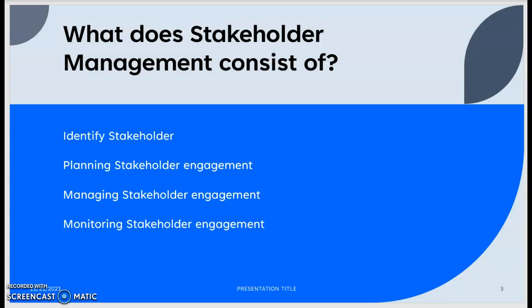Now, usually you come together as a team to score the stakeholders, right? So let's just say that a stakeholder got a 7 for interest and an 8 for power. You're going to want to manage them closely because they potentially have high power and high interest, right? So that's one way to identify stakeholders.